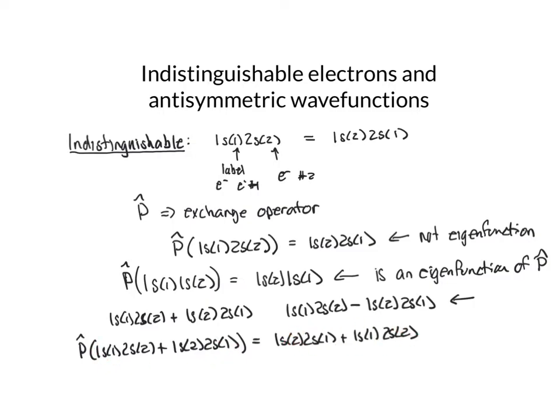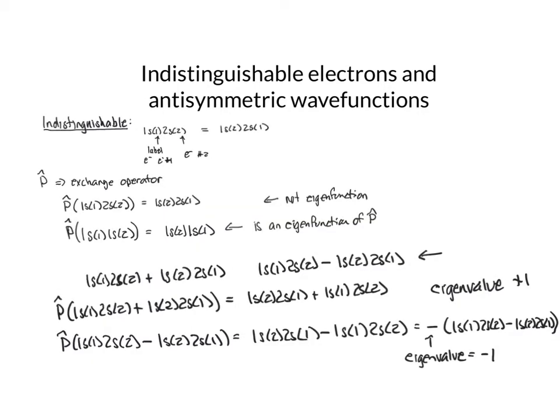And so my eigenvalue for this combination is +1. If I operate on the wave function where I've subtracted the two possible configurations of which electron is in which orbital, then I will end up with an eigenvalue of -1. So here we've operated the exchange operator on the linear combination where we've subtracted the two possibilities. And when we exchange the labels, this term becomes this term, and this term becomes this term.